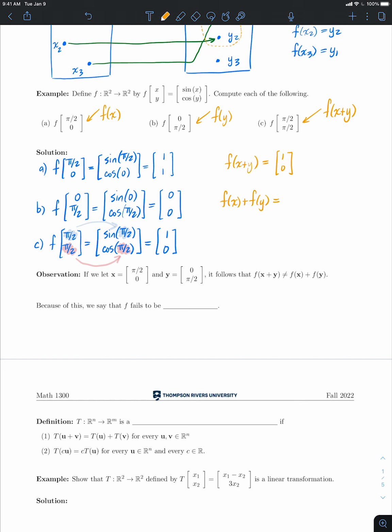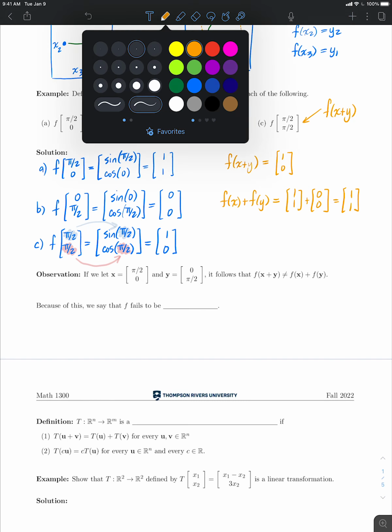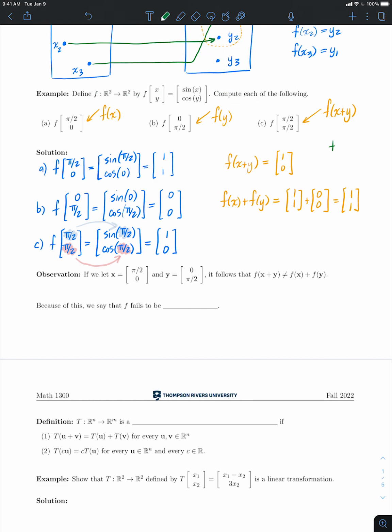So this actually is (1, 1) plus (0, 0), which is equal to (1, 1). I'm going to switch colors again. These are different. And that's important to notice. f of x plus y and f of x plus f of y were different values.